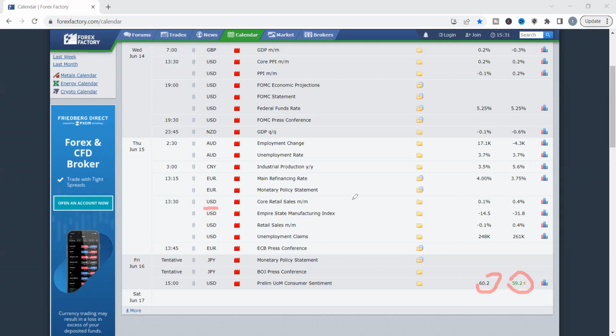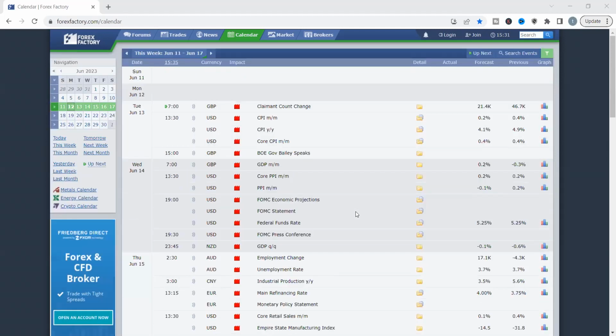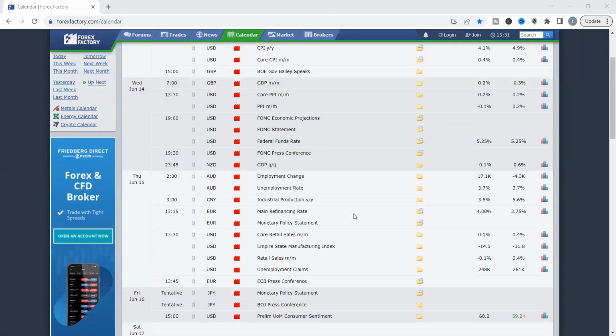So if you look at what we have for the calendar, as we said, the first thing we need to always check on is the calendar before you cross over to your technicals, your charts, and then start to figure out where you're going to buy, where you're going to sell, and the rest of them based on your analysis, market analysis. First thing you always need to do is to consult your calendar, your fundamentals.